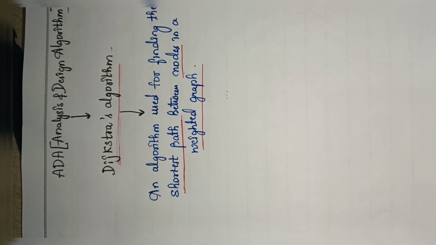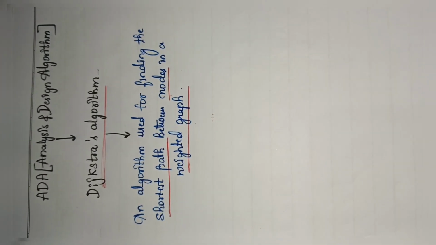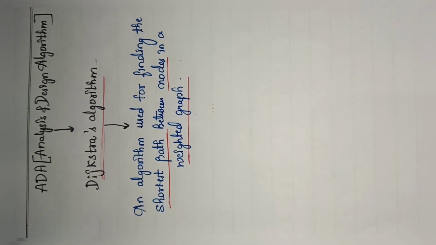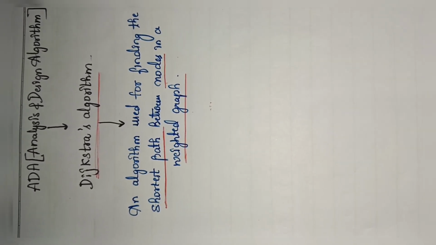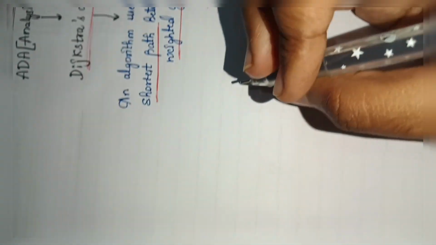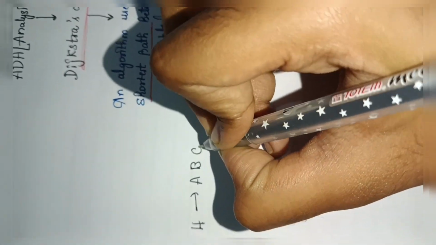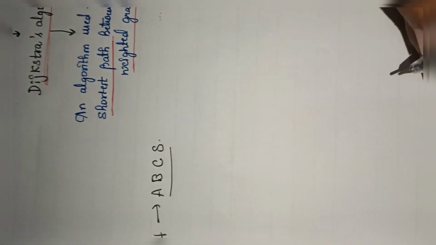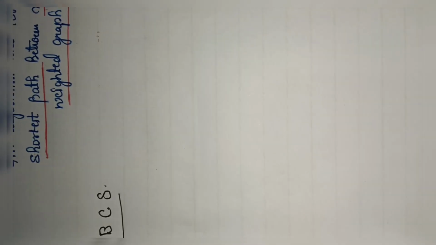And now I'll be explaining about the same graph which we first saw in the slide, but manually. So this graph basically consists of four nodes, which are A, B, C and S. So first let us draw the nodes.